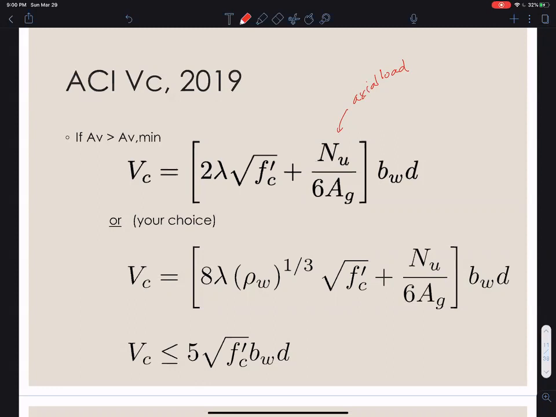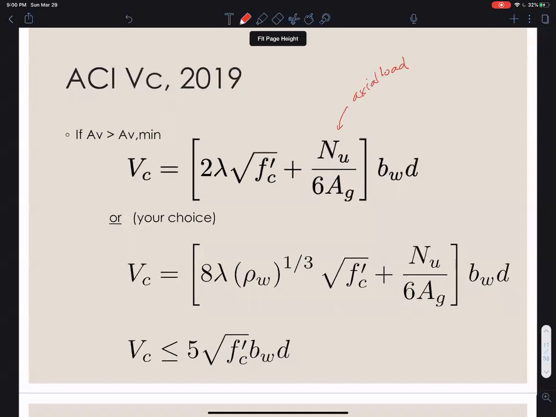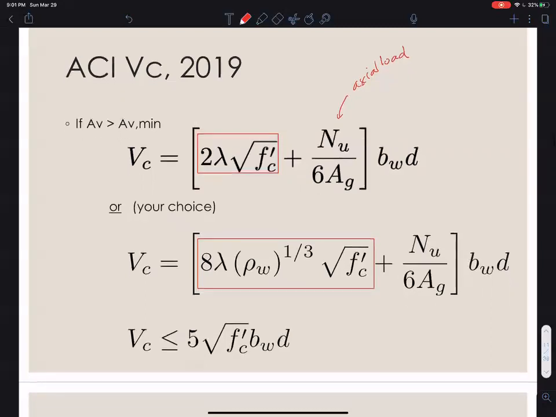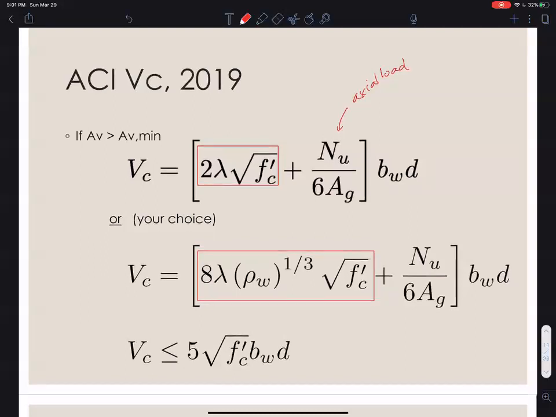So all we're really looking at for our class is this and this, because Nu is going to be 0. And this is the shear strength equation if you have at least minimum stirrups. Okay? And if you don't have stirrups, this equation changes slightly, and we'll talk about that later.